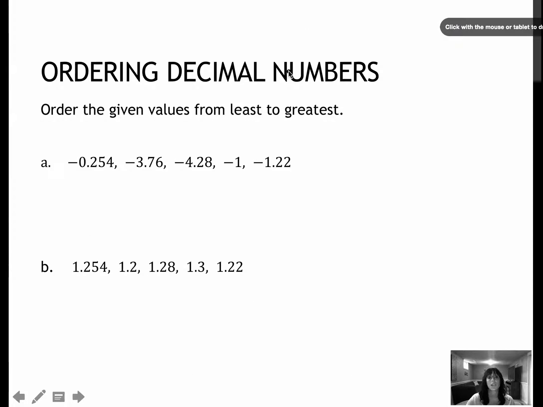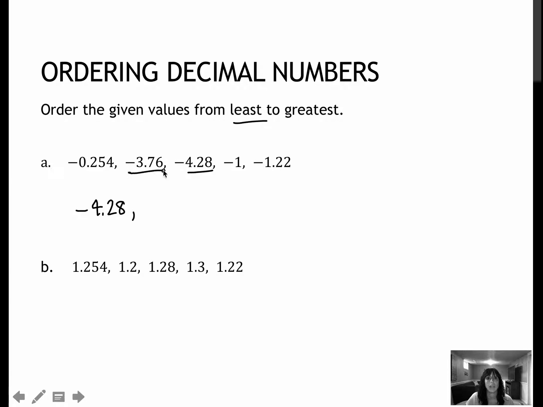So let's try these together. These are ordering. Again, some of these are going to be very, very easy. We're going to start with a negative example. And remember, from least to greatest would mean you would start with the most negative number first. So my most negative number is my largest negative number, -4 and 28/100ths.